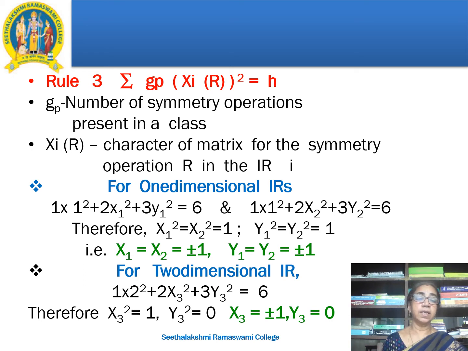On solving this equation, it is arrived at that x3 square is equal to 1 and y3 square is 0. As seen previously, the value of x3 may be +1 or -1.